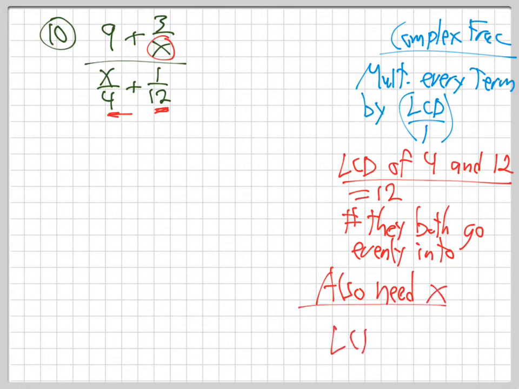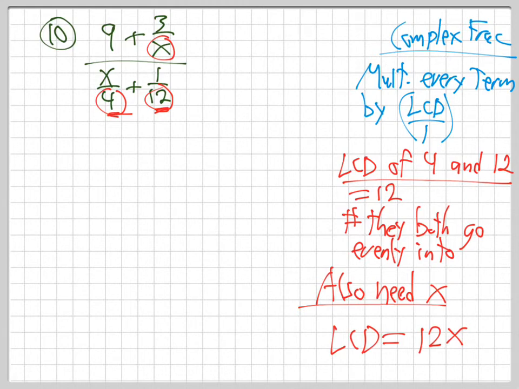So the LCD is 12x. You see how I looked at all the denominators. That's what you do to form the LCD, the least common denominator. You look at all the things that are under bars, and you put them all together, in the sense that 4 and 12 go into 12, and then you need the x. So 12x is the LCD. Is that making sense there?